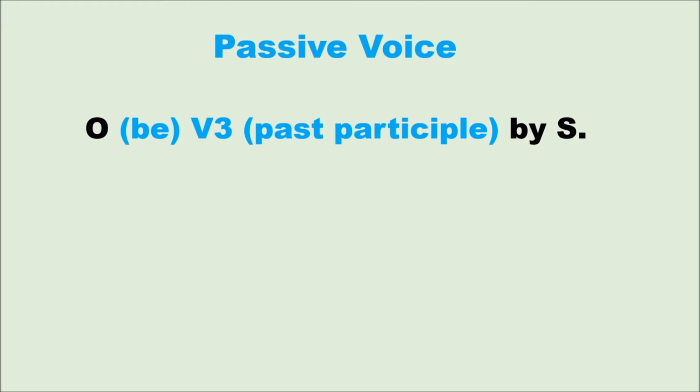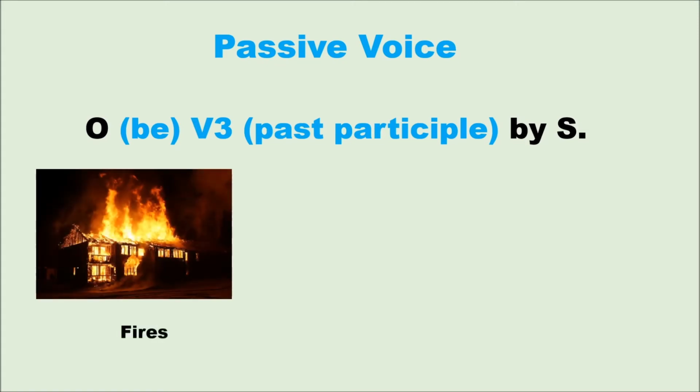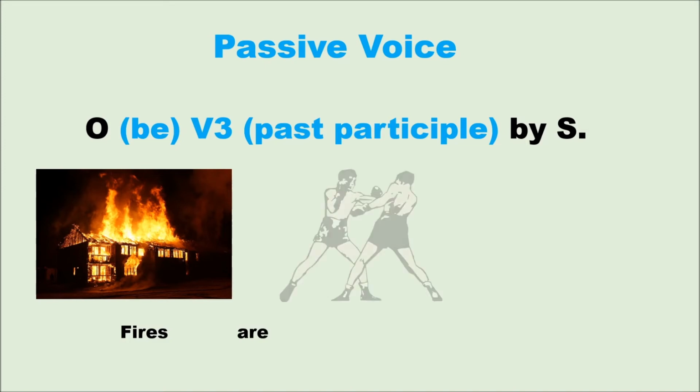Passive voice is a little bit different. We need an object and then a verb be and then the past participle of the verb. In this case, we'll include the subject firefighters. What was the object of the last sentence? Fires. Fires it is. What is the correct verb form for be for fires? Are. Are is correct. What verb did we use? Fight. Yes, fight.